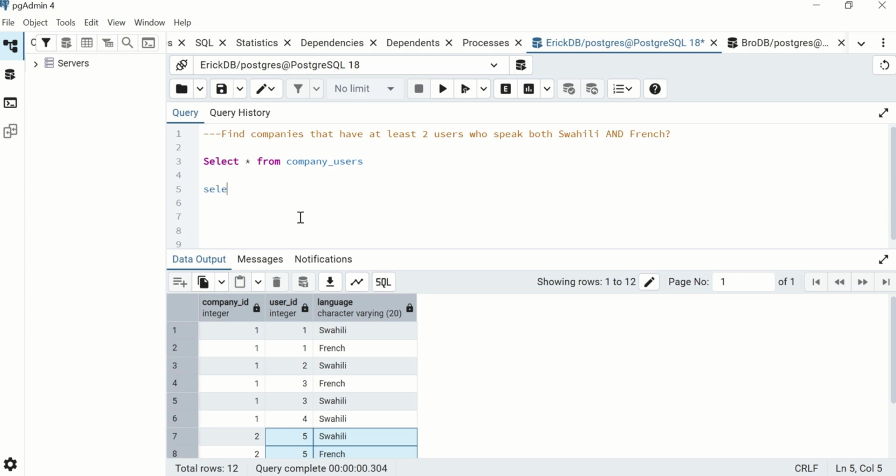For that, we're going to write: select company ID, and then user ID, and then we count the language. We can call this number of language.